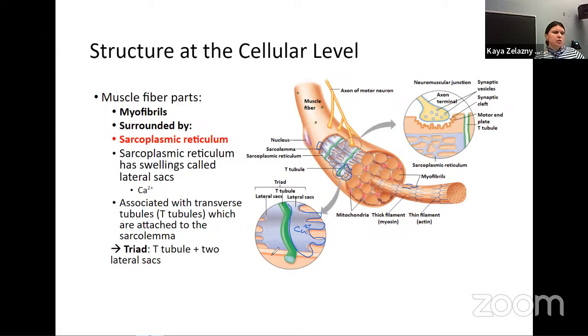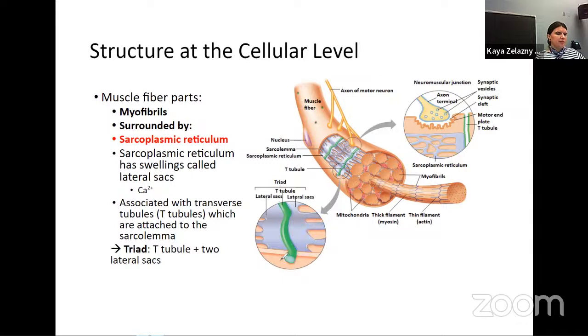There are also tubules associated with the sarcoplasmic reticulum. So that's this green stuff. These are our T tubules or transverse tubules, and they are attached to the plasma membrane, to the sarcolemma, as well as to these lateral sacs of the sarcoplasmic reticulum.